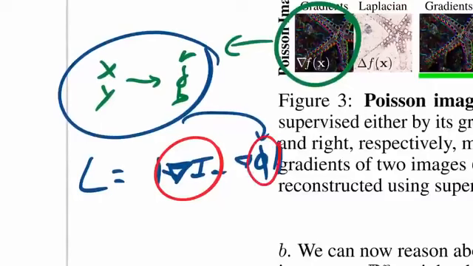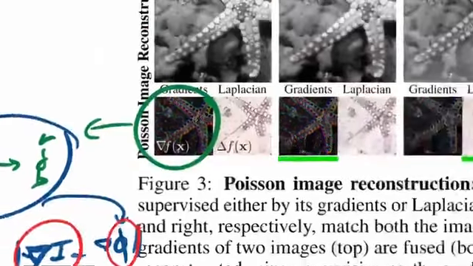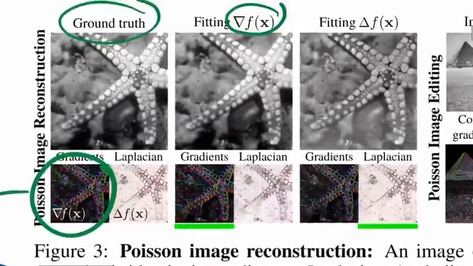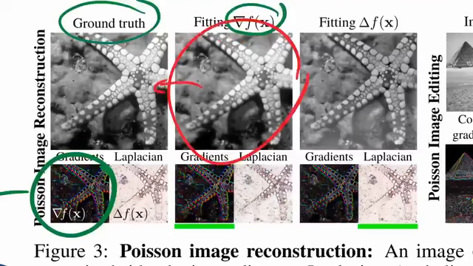You still train the weights of the function itself, but the loss function depends on the gradient of that function. If you do that, you'll find that if you then look at the function, again, you can ask the function to produce the image by simply cycling over each of the coordinates. You'll find that, look at that, just by matching the gradient, you'll match the image itself pretty well, right?